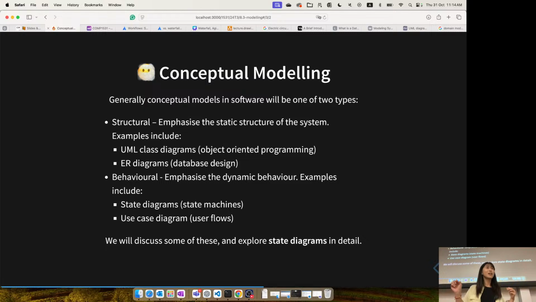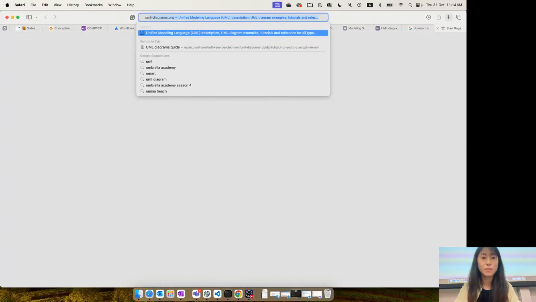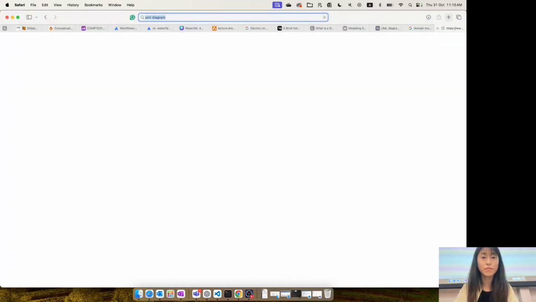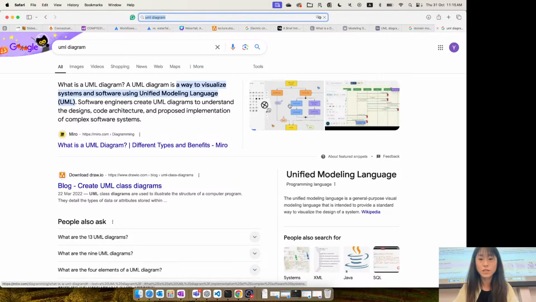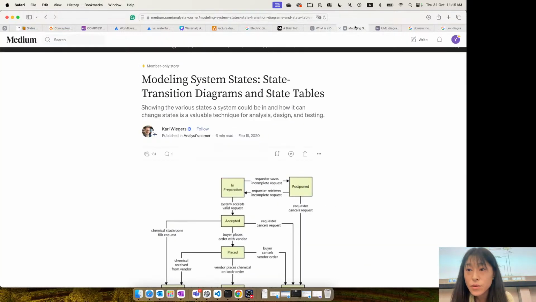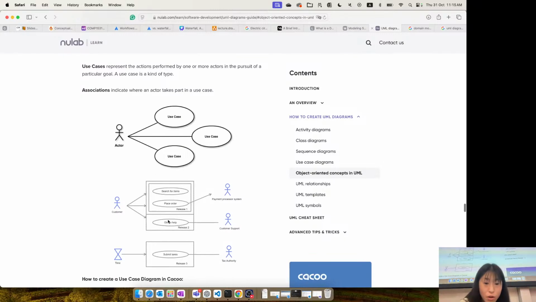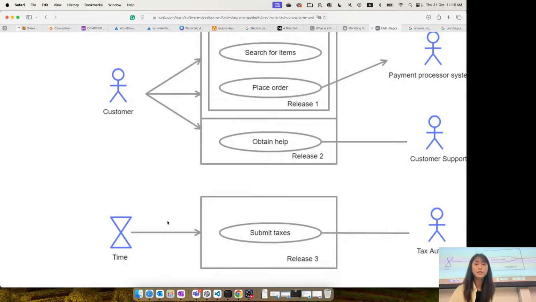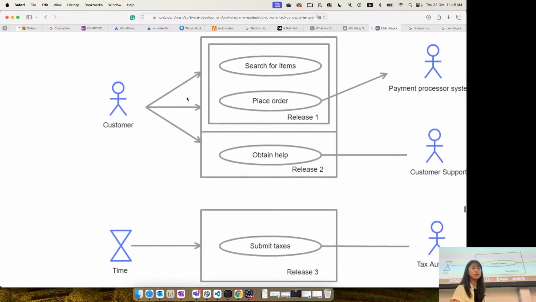Let me show you an example of a UML diagram. This is a very good example. It shows what a customer can do on, for example, a shopping e-commerce platform.